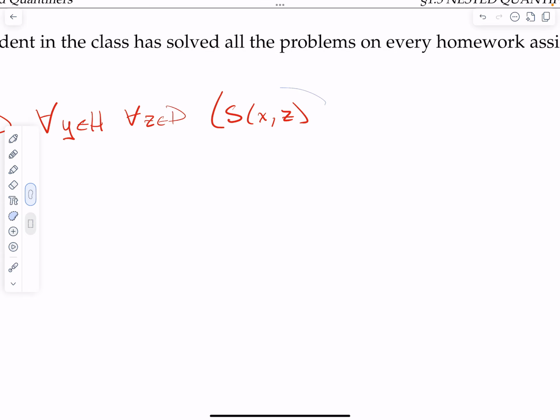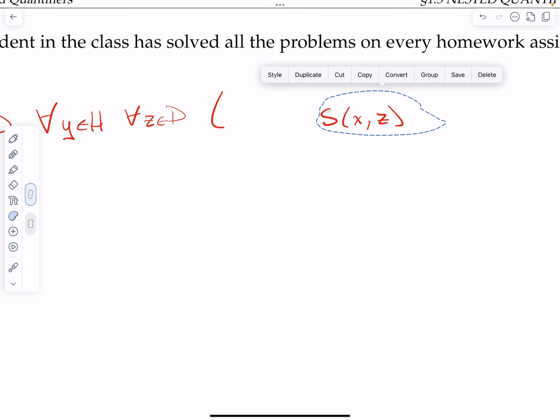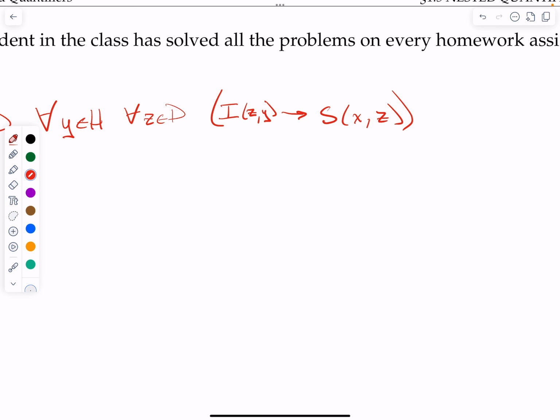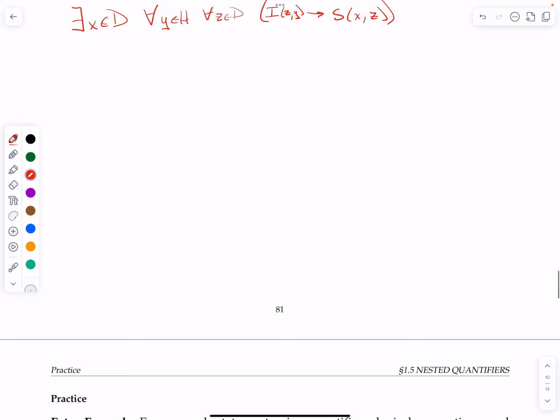I guess that here, just in case there are additional problems, we'll do this. If the problem is on one of the homeworks, then that student has solved it. So, negation.